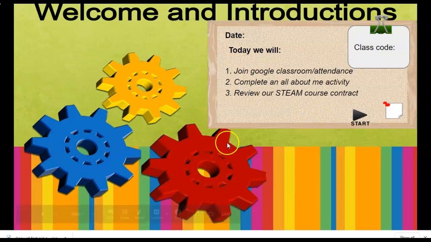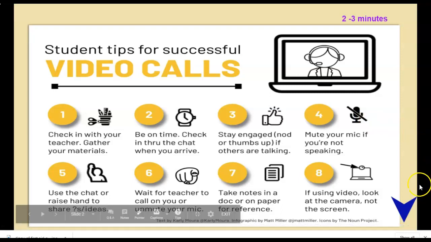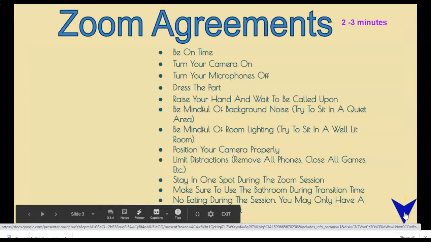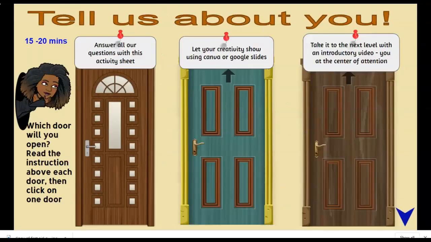So this is my STEAM navigation page, start of the new year, displaying the targets and objectives that the students have. And at the click of a button, we take them to the next page. Whatever you want to put on the next page is up to you. How you set up your navigation really is up to you. But the students just click a button and they keep going.